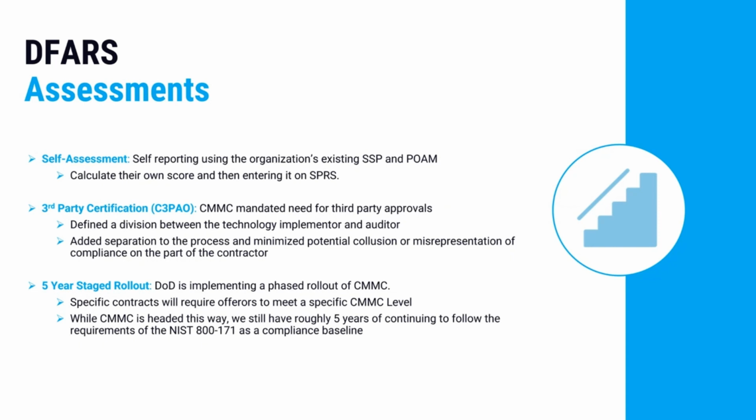Note that the first contracts that will be associated with critical DoD programs and technologies, such as nuclear and missile defense, for those contracts, certification will be used as the basis of a go, no-go decision. So if you're working in those verticals and working on those types of systems, just note that you will likely need to have a CMMC certification awarded to you by a third party in order to either get or maintain those contracts.